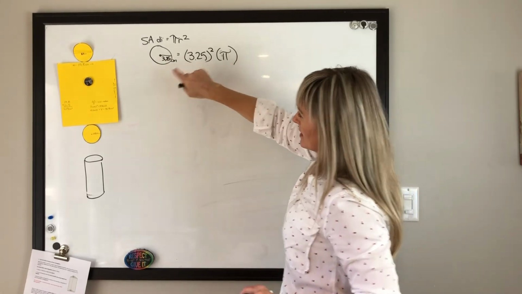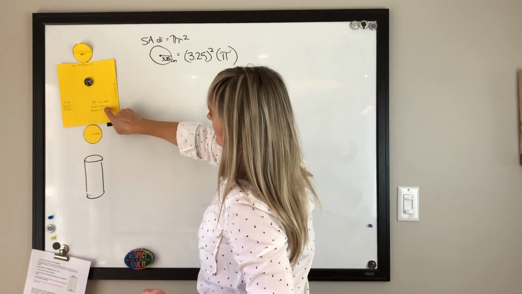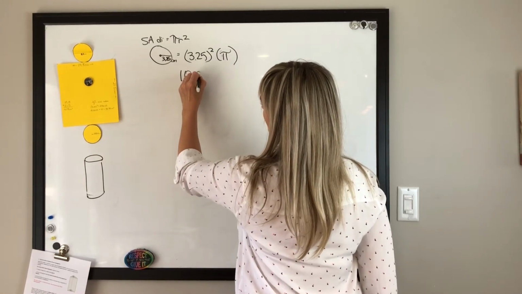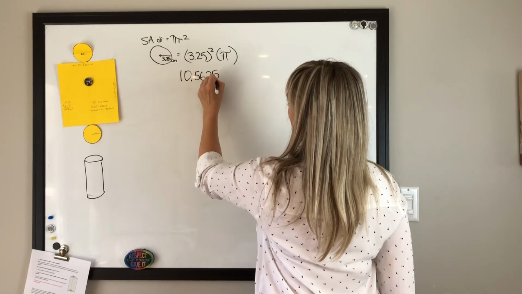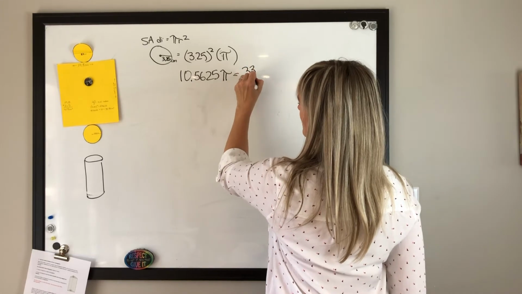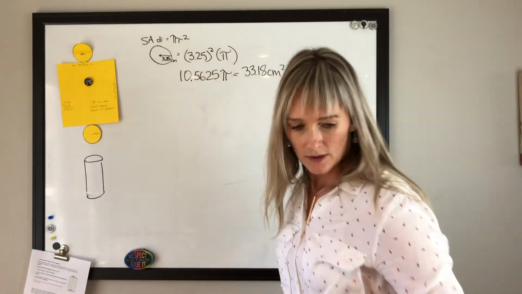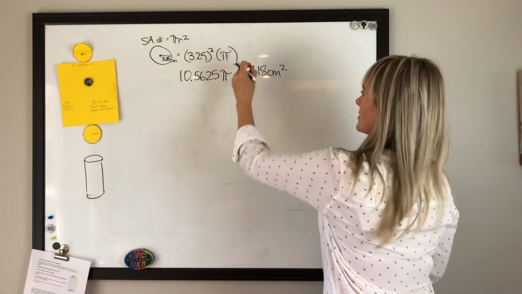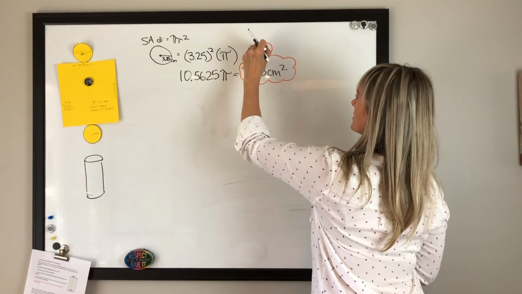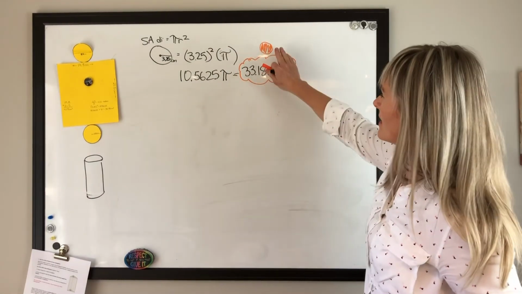Square your radius and multiply by pi. 3.25 squared is 10.5625, and that times pi will give you 33.18 rounded centimeters squared. So that number right here is your surface area of one of your circles. Okay, one of your discs.